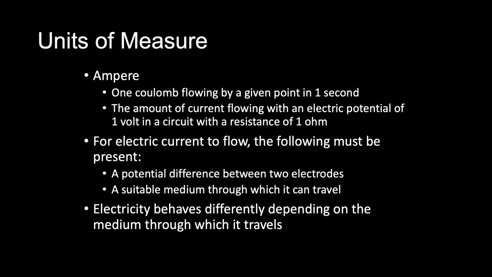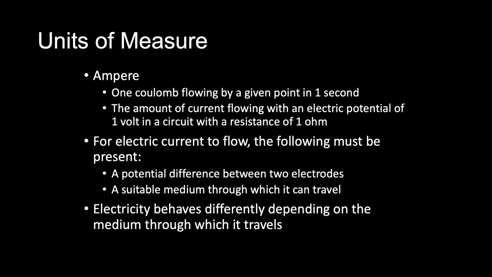For an electric current to flow, there must be a potential difference between the two electrodes and a suitable medium through which it can travel. When we're talking about potential difference, electrons flow from abundance to deficiency and will continue to do so as long as that difference exists.